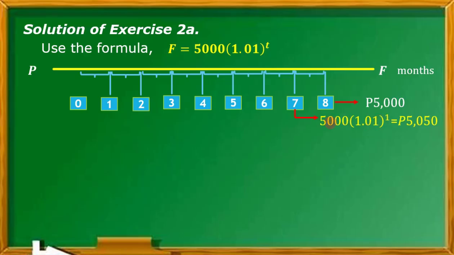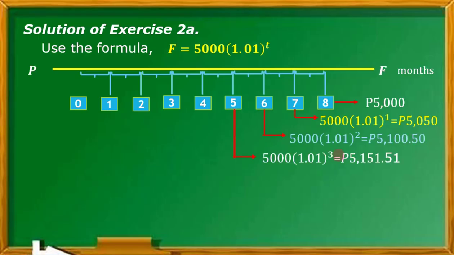So that's 5,000 times 1.01 raised to 1, and we have the amount 5,050 pesos. At t equals 2, we have 5,100 pesos and 50 centavos.